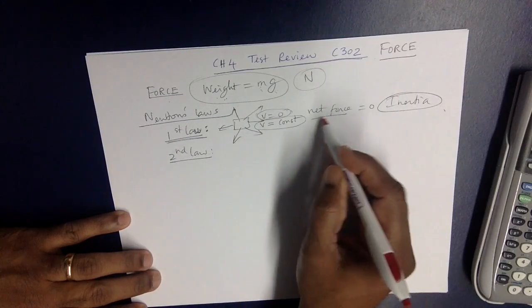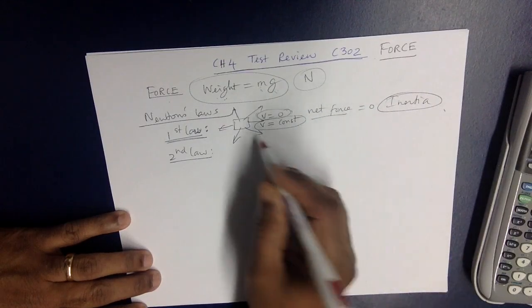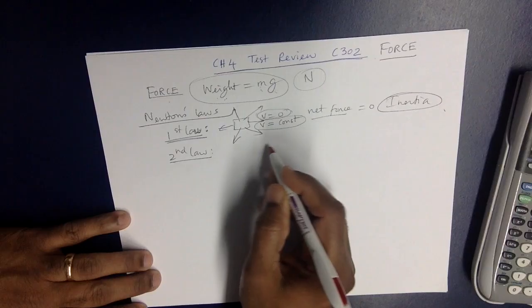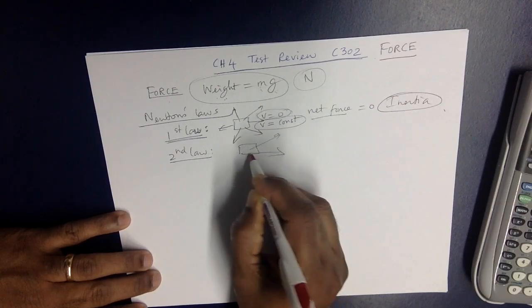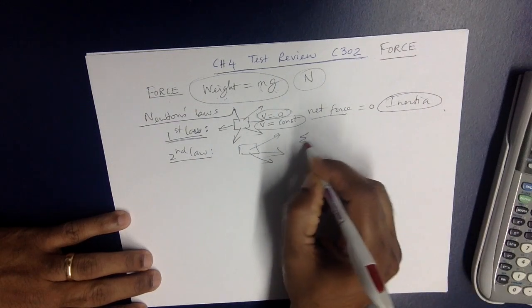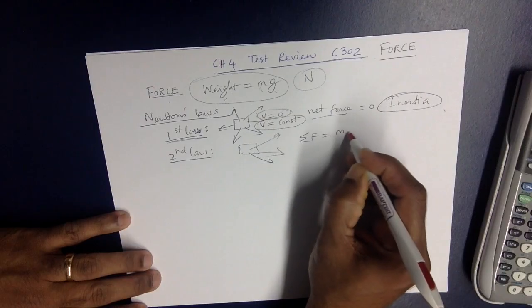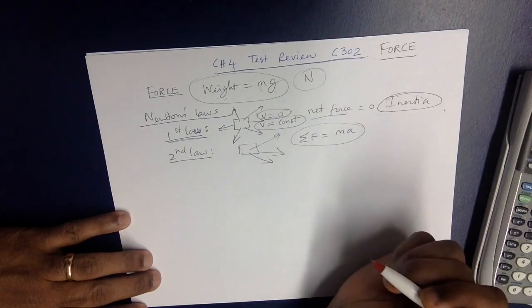it says, all right, if the net force is not zero, what will happen to the object? If the net force is not zero, the object is going to accelerate. So if you have an object and the net force is not zero, in one direction, then it will accelerate. So the net force is equal to mass times acceleration. This is the second law.